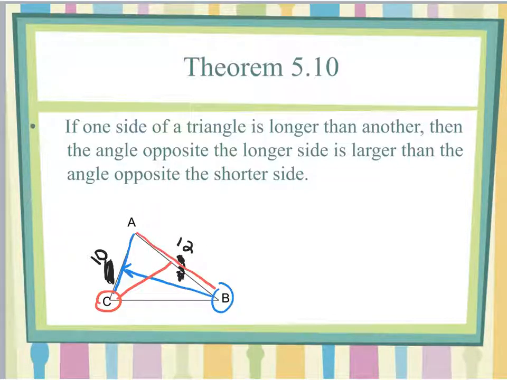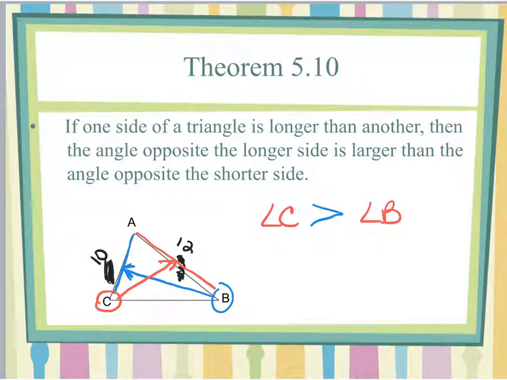To figure out which angle is bigger, either angle C or angle B, I look at the length of the sides. The side that's across from C is 12, and the side that's across from B is 10. Which number is bigger, 10 or 12? 12. So the angle that's across from the 12 is the bigger angle.